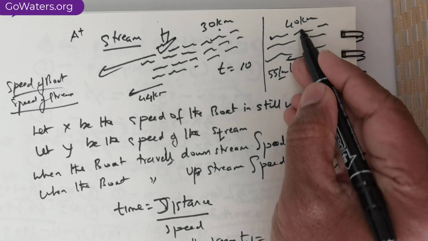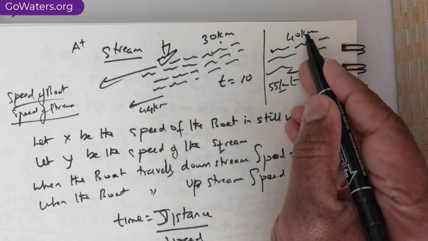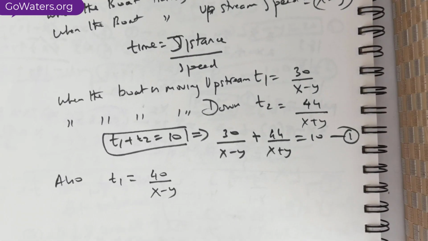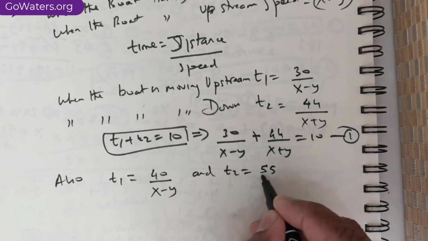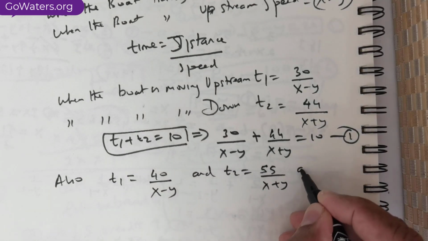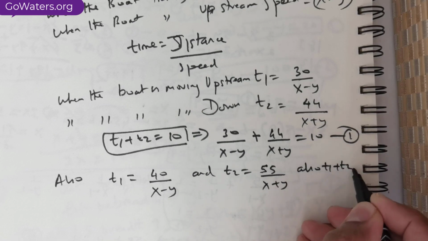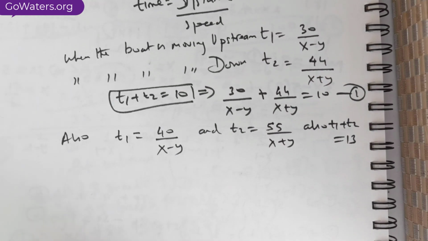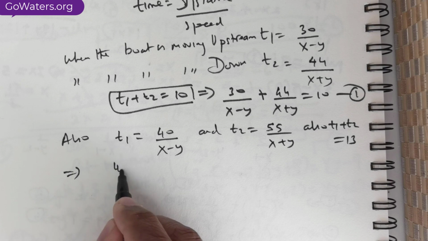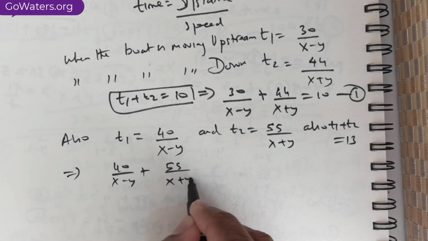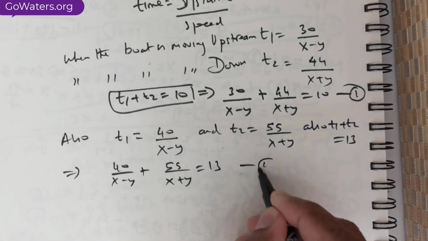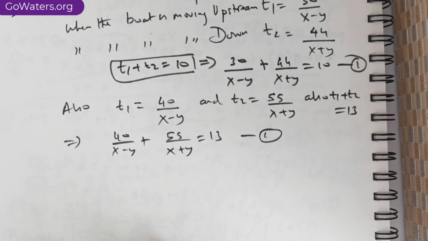For 13 hours, when it's going up, it's 40 kilometers. We have to take that. And T2 is 55 divided by x plus y. Also in this case, T1 plus T2 is equal to 13. So this means 40 divided by x minus y plus 55 divided by x plus y is equal to 13. This is my system 2.